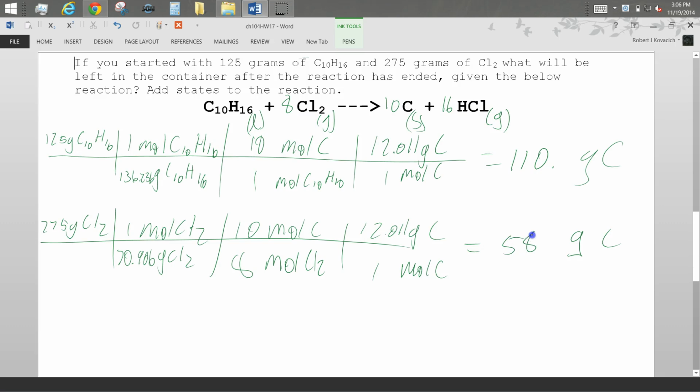And I got 58.2. Okay. So, what did we just learn? The chlorine is your limiting reagent. So in my container, there'll be 0 grams of chlorine when this is finished. What else do I know? There will be 58.2 grams of carbon in my container.